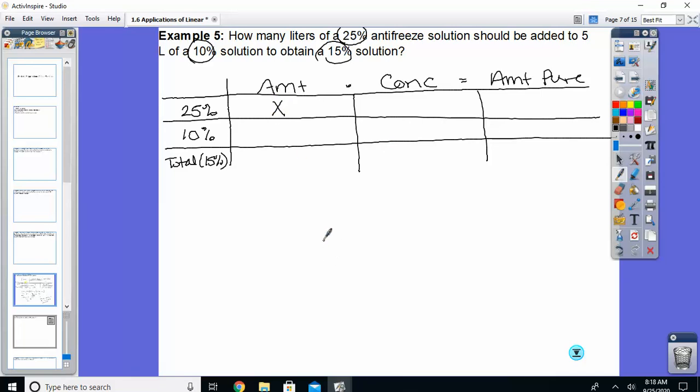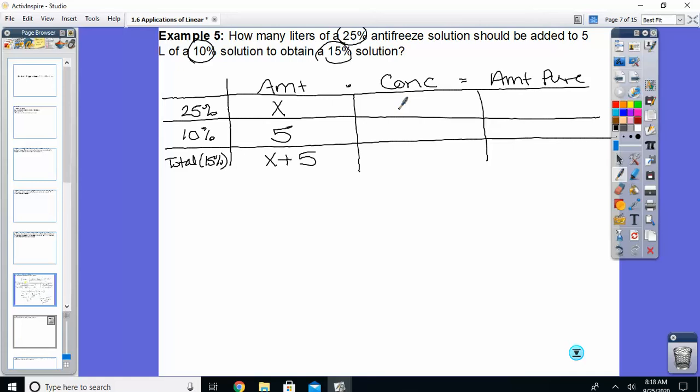Should be added to 5 liters of a 10% solution. So the amount of my 10 is a 5. What would my total amount be? X plus 5. Concentrations.